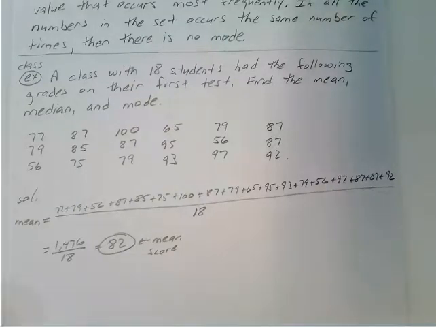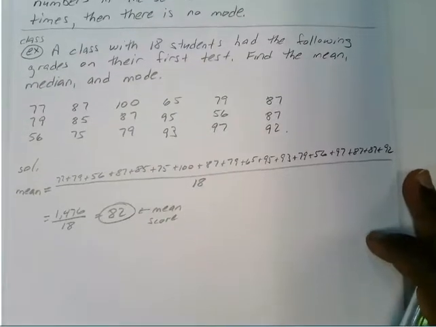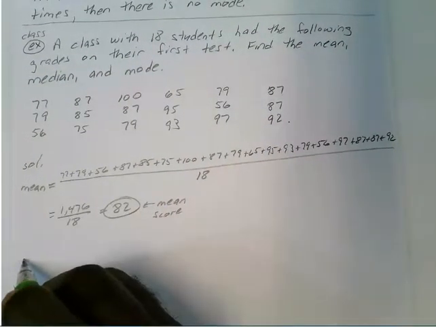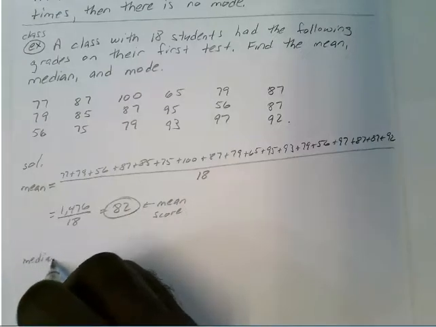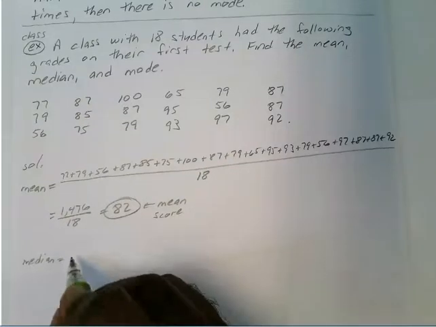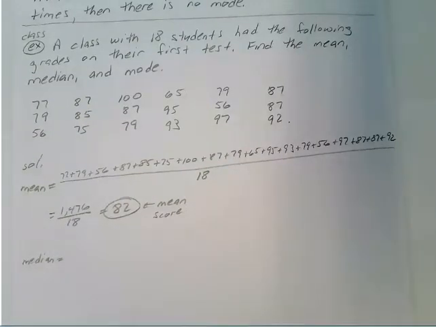All right, so move this up. To find our median, we get all of those values. So we list them from smallest to largest.